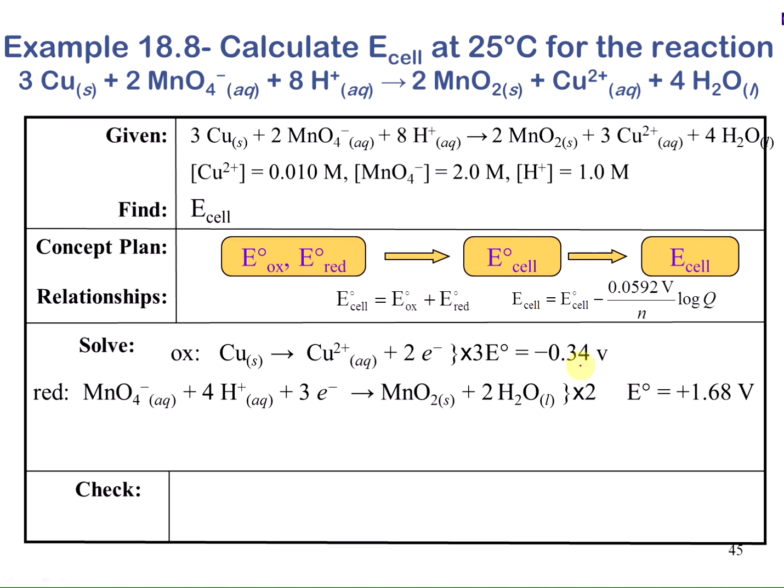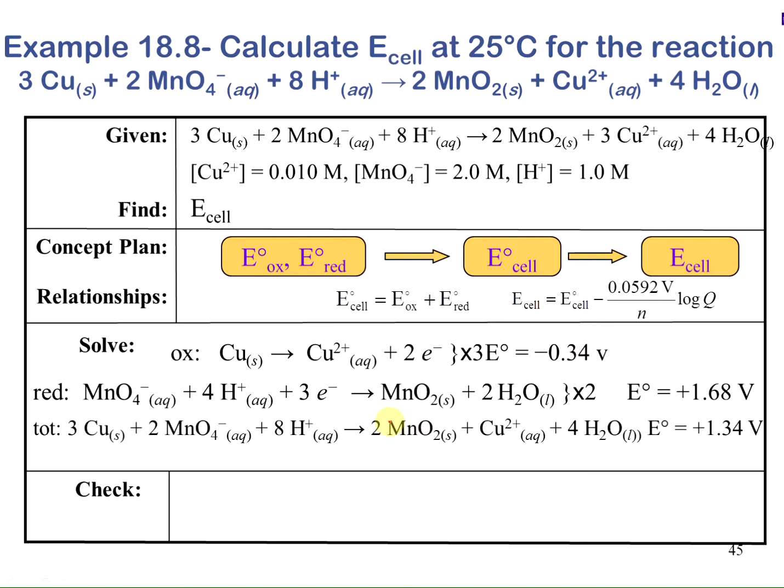So don't make that mistake. When we add those two together, this is our equation: 3 coppers plus 2 permanganates plus 8 protons to make 2 MnO2 plus 3 copper 2+ ions plus 4 waters. And so the E cell for that is negative 0.34 plus 1.68, which gives us an E cell value of 1.34 volts.